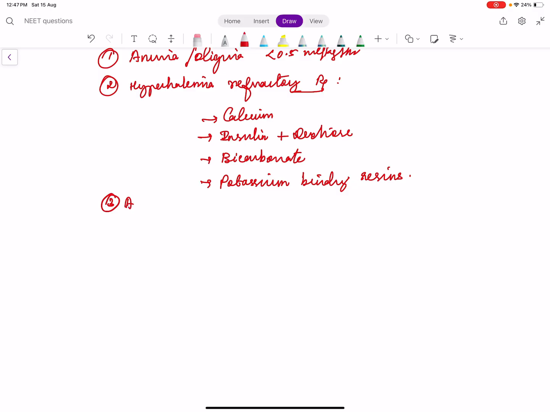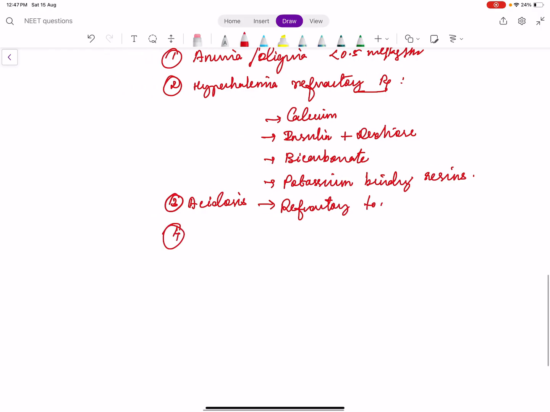Next is acidosis. I told there is high anion gap metabolic acidosis. We give bicarbonate supplementation. If this is refractory to bicarb supplementation, then we have to do dialysis.